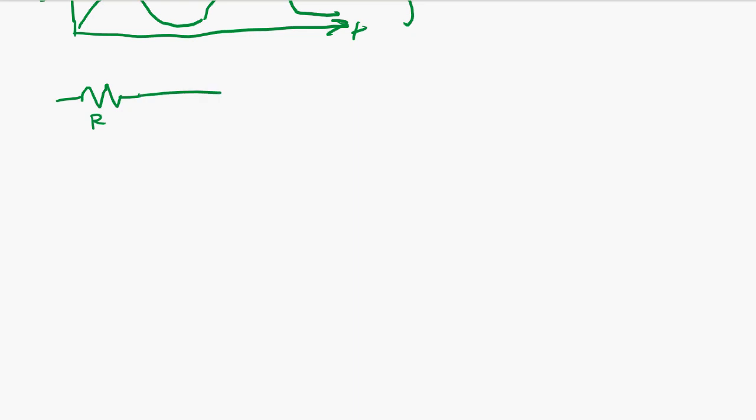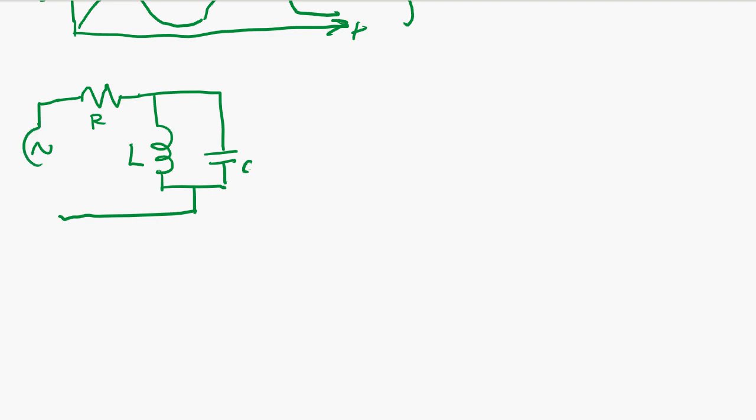R and the capacitance C and inductance L, and we apply the step function. So when you trigger this circuit, what's going to happen? This is E. Okay.